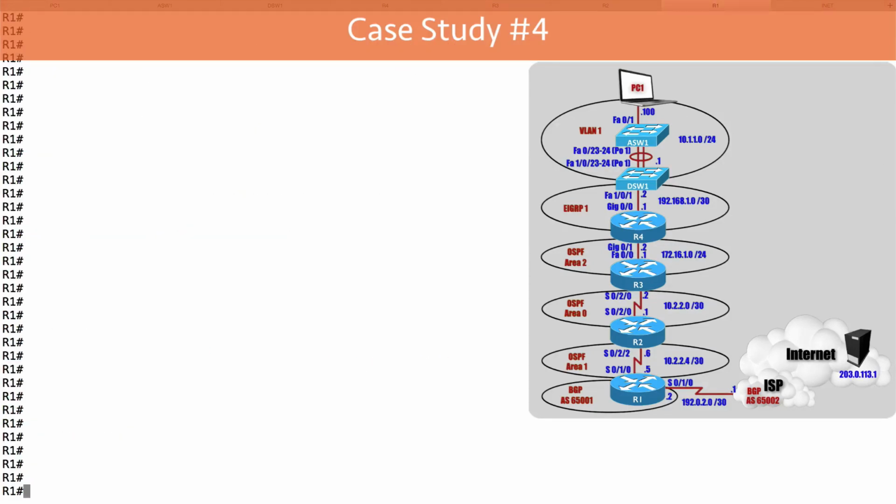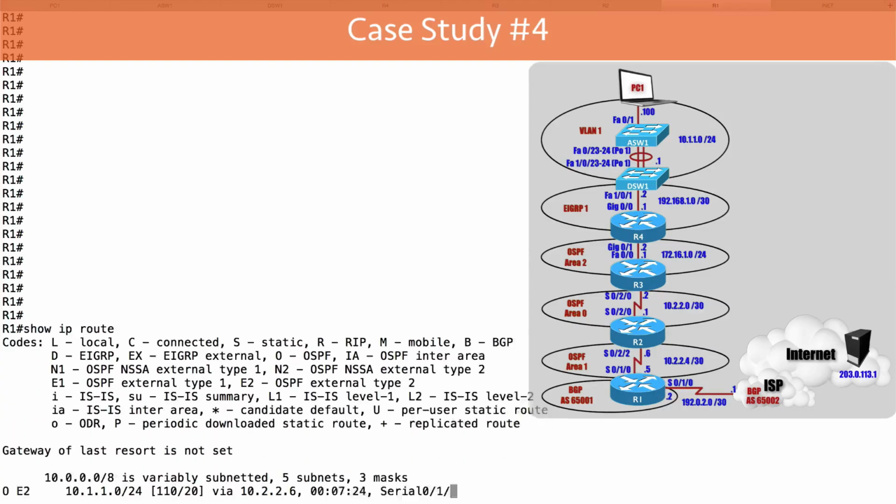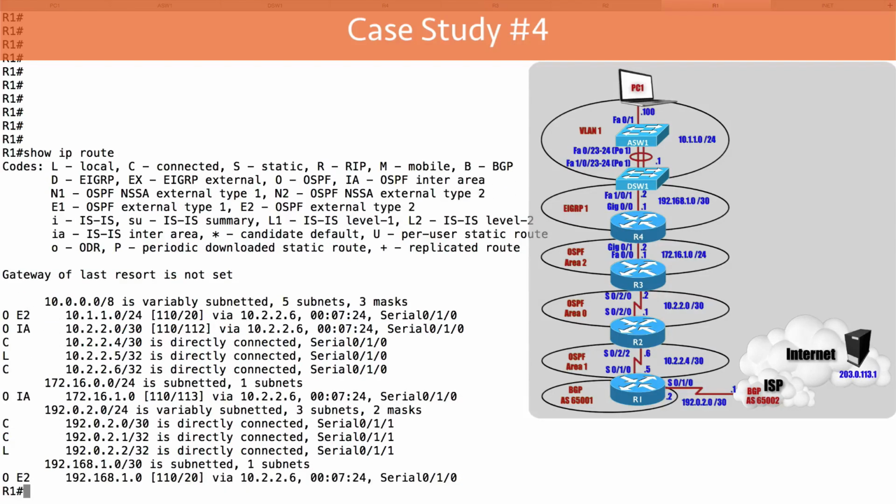On router R1, let's see if we know a route to reach this host on the internet. I'll do a show IP route. And not only do I not see a route that would get me to 203.0.113.1, I don't see a route that has been learned via BGP. I don't see any route that has the B code in front of it.